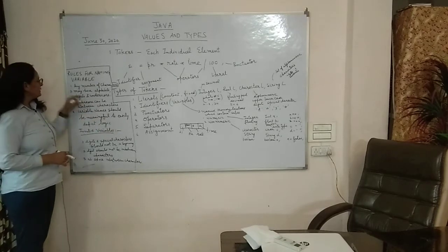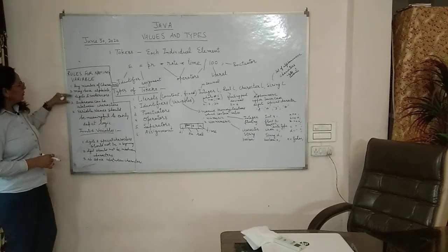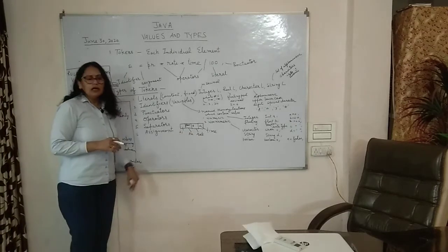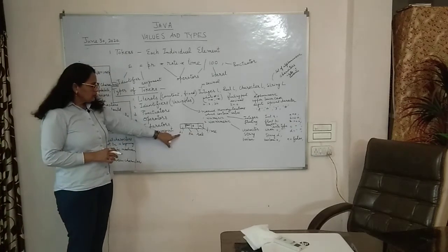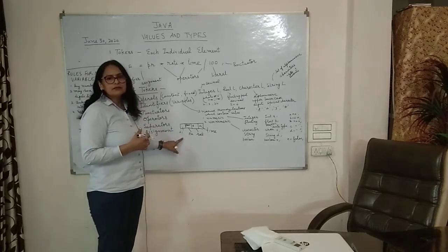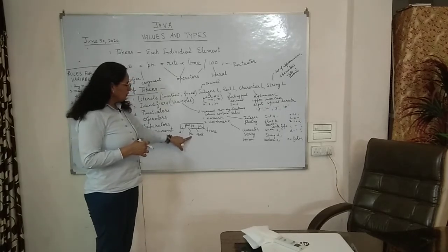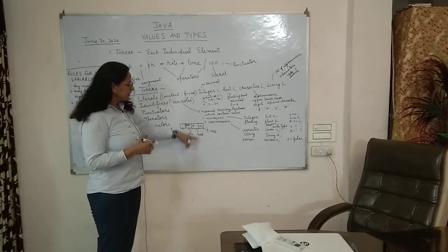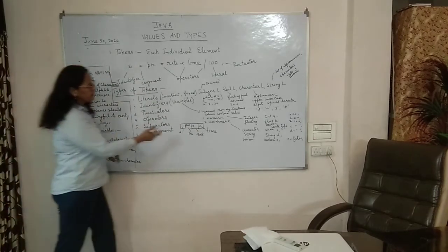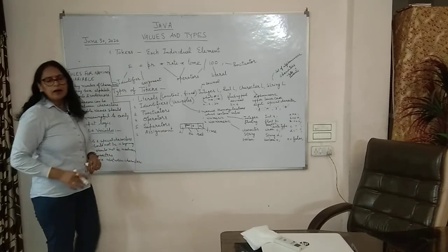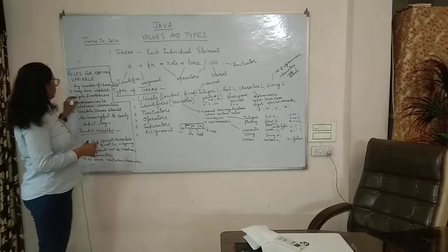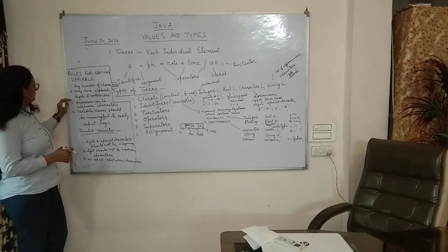At the same time, the second rule is that the name should be meaningful. From the name we should know what it stores, what the purpose of this variable is. PR means principal, rate means rate of interest, and time means time. If we write ABC here, the programmer or user doesn't know what it means. So the variable name should be purposeful.